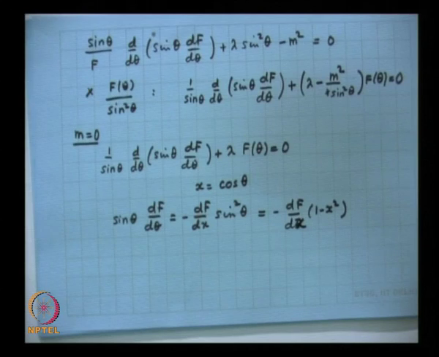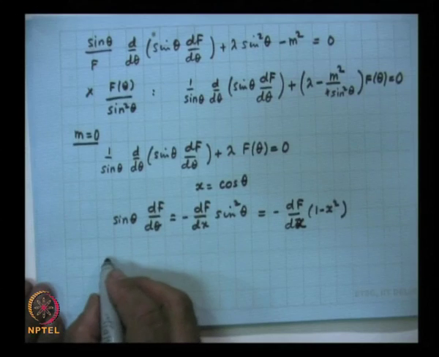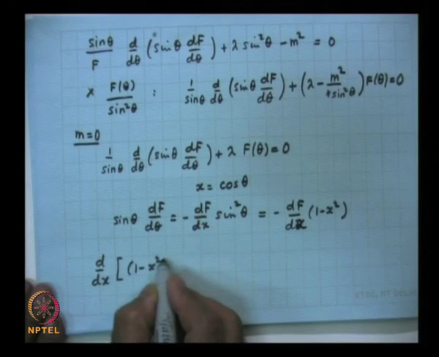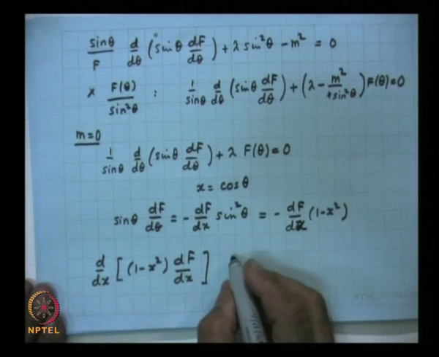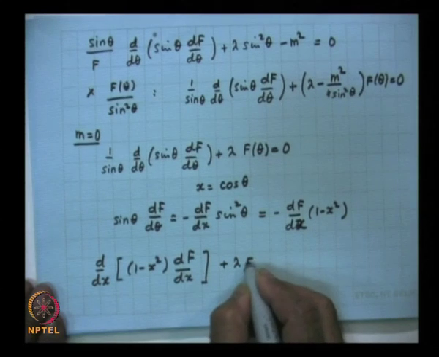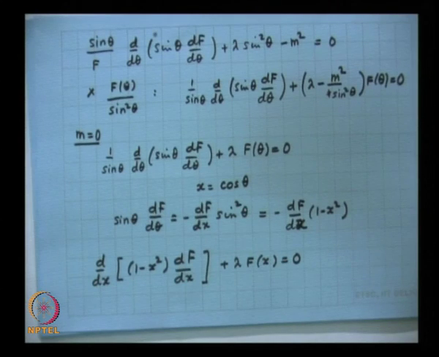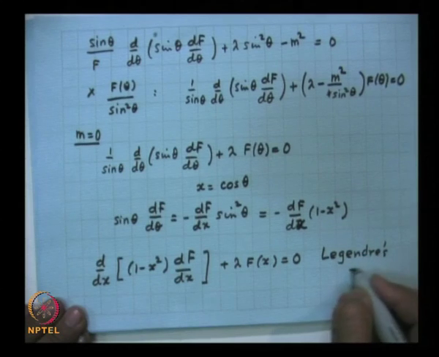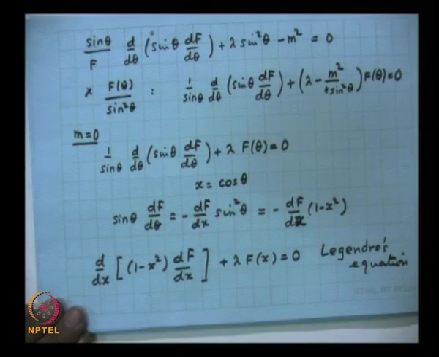And then you can calculate what is d by d theta. I have just done that, and the final result will be d by dx of 1 minus x square df by dx plus lambda times f of x is equal to 0. This is very simple. This is known as the Legendre equation, which you must have studied, but in any case we will obtain the solution of this particular equation.